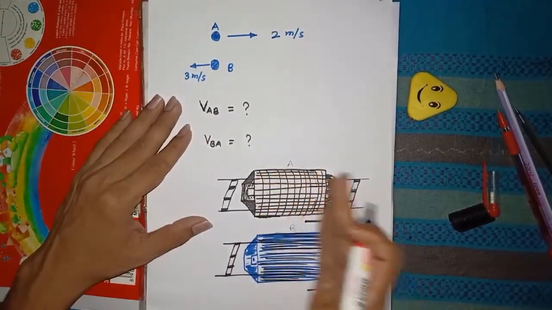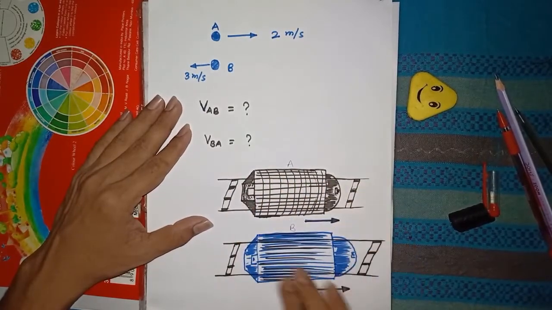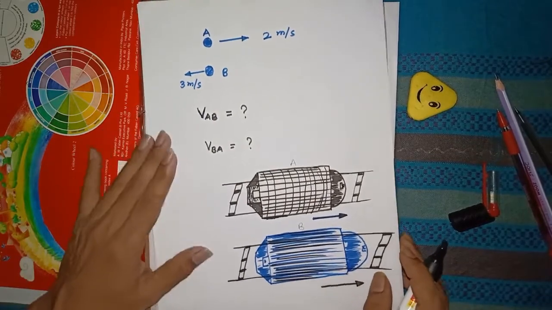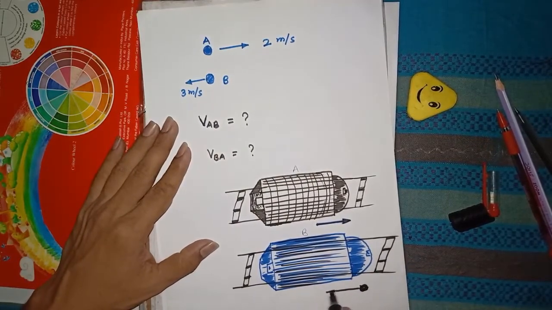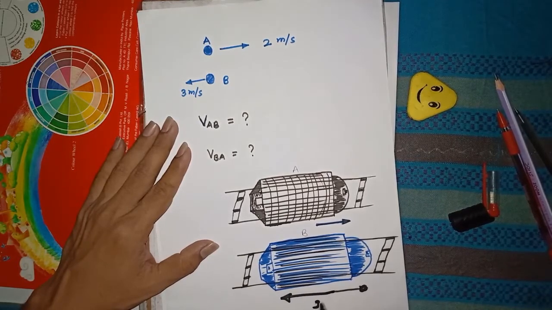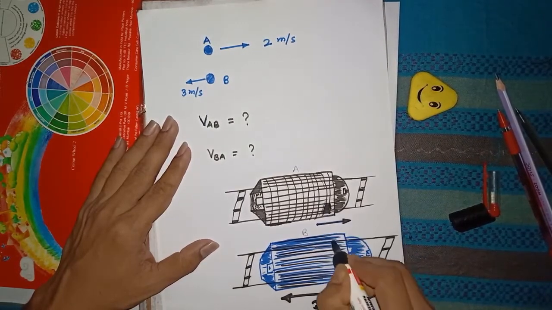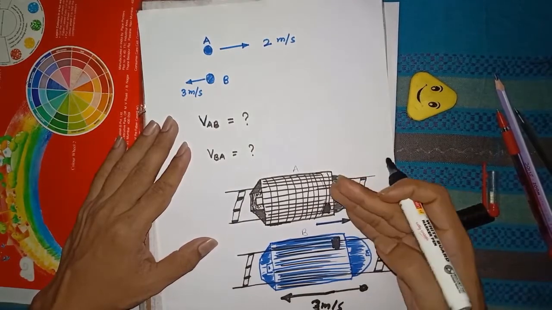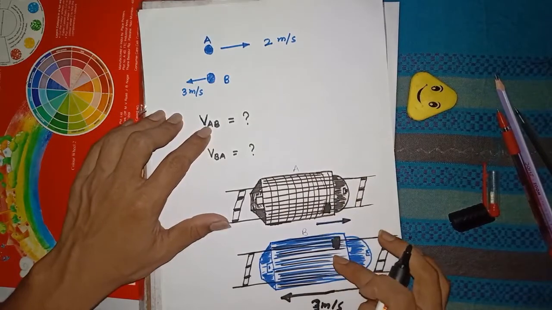If two trains are moving, A with 2 meter per second and B, let's say, in the opposite direction with 3 meter per second, and one boy is here and one boy is here, what is the velocity of A with respect to B?